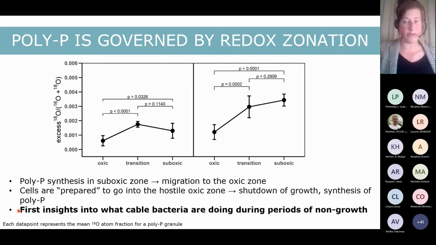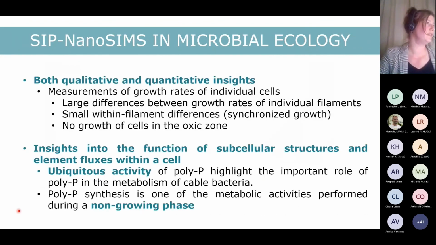So by using stable isotope probing and NanoSIMS, we have both qualitative and quantitative insights in the metabolism of the cable bacteria. And we also got insights into the function of subcellular structures, in our example, polyphosphate granules and element fluxes within a cell. So this couldn't have been done by any other method.